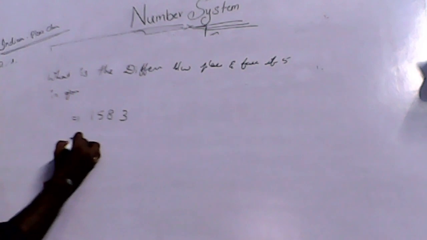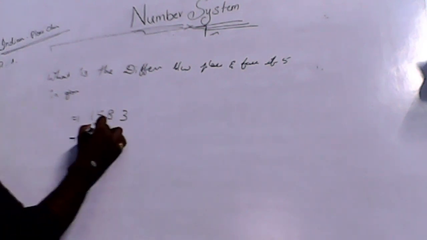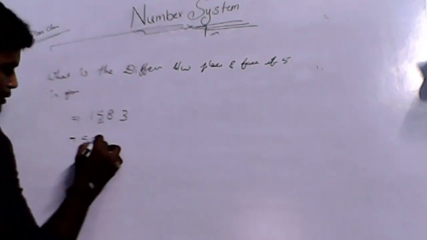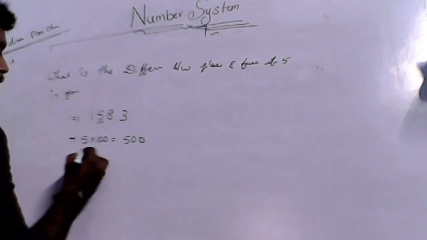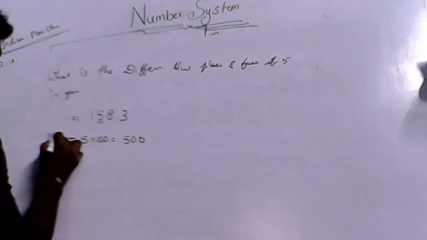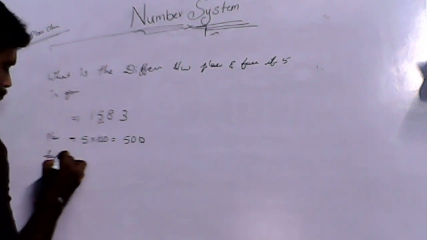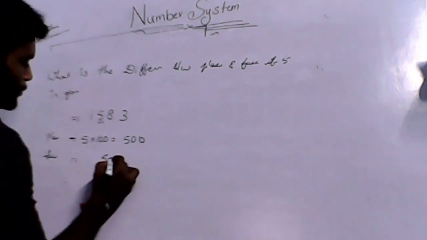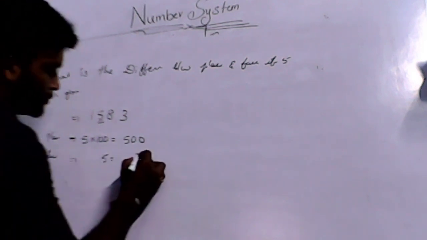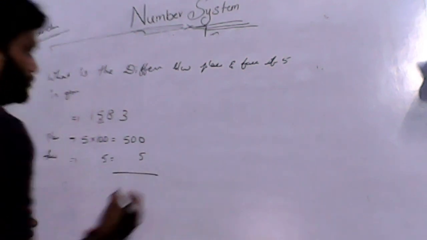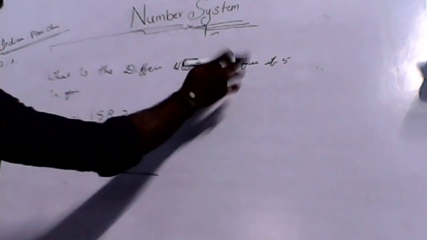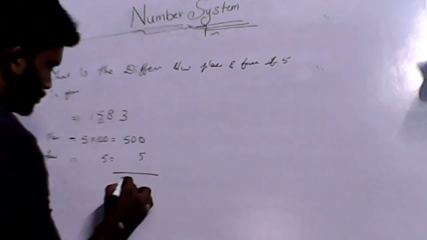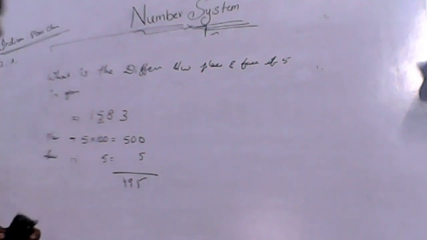So to find the place value, we will multiply this with 100, and to get the face value we have to get it from the digit values. So 5. So he has given the question as the difference between place and face values. So that is nothing but 495.